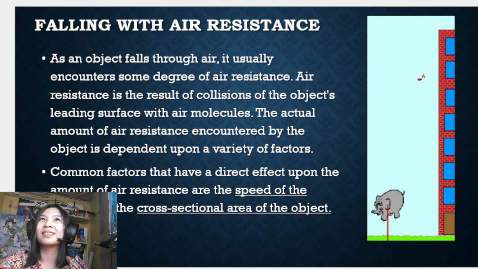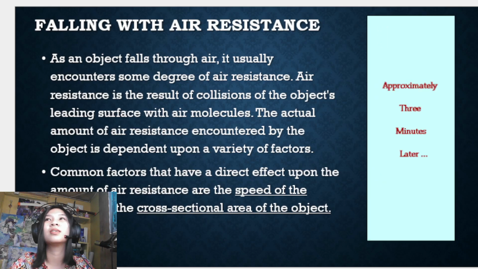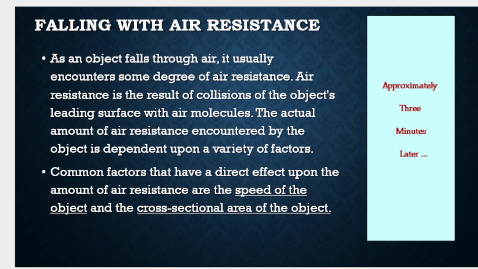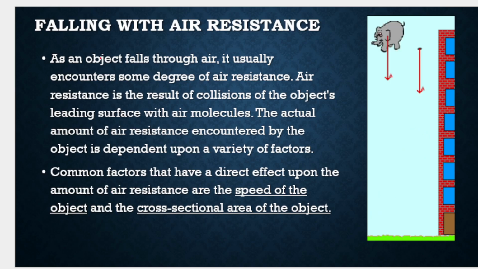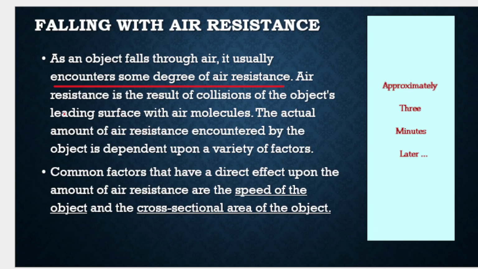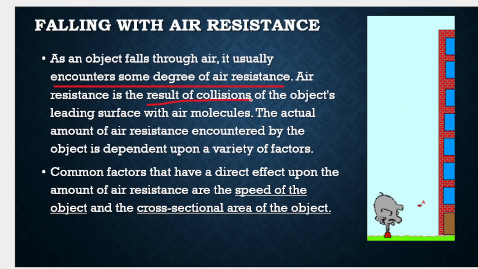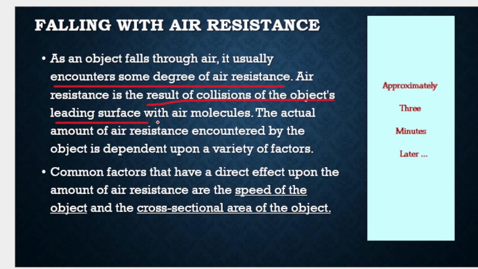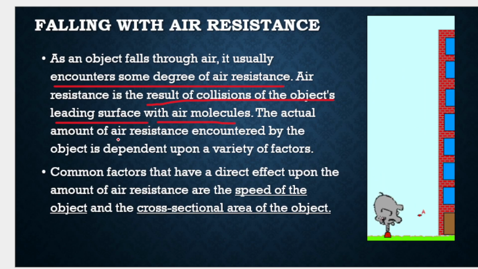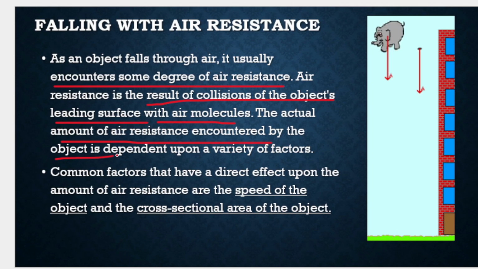It is because of the air resistance. Air resistance, as an object falls through the air, it usually encounters some degree of air resistance. Air resistance is the result of collisions of the object's surface or leading surface, the surface that goes first, and the air molecules. So the actual amount of air resistance encountered by the object is dependent upon a variety of factors.